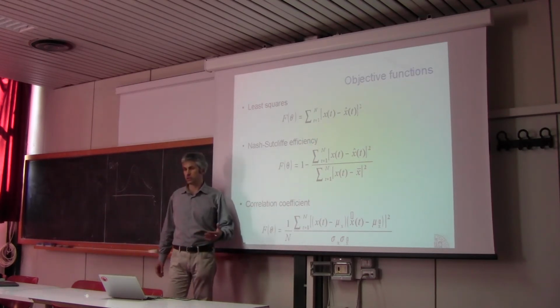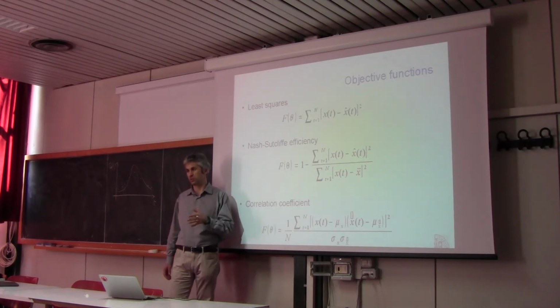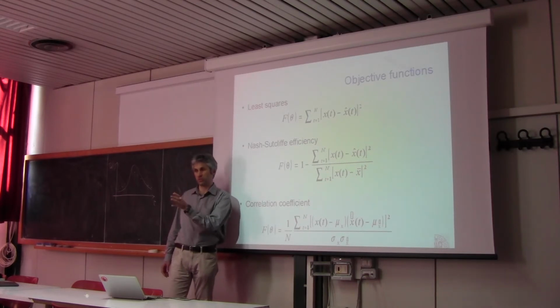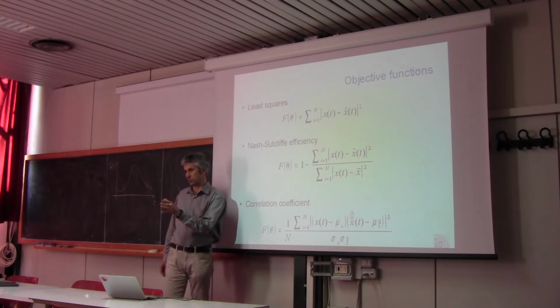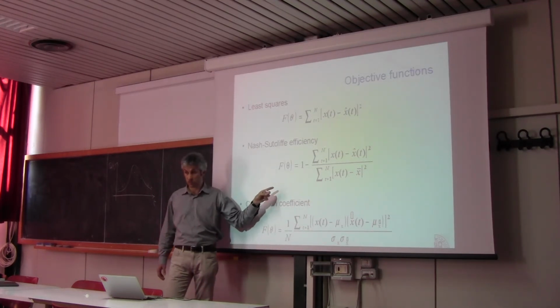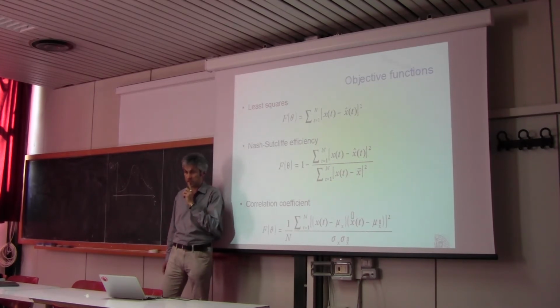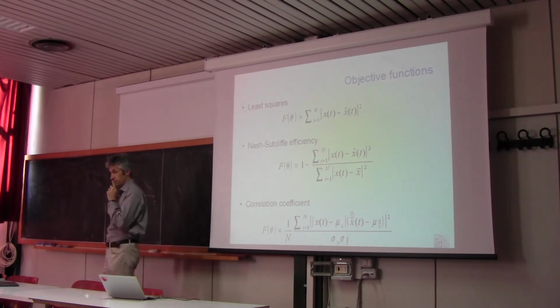So one may wonder, if they are similar, why did they introduce a different objective function? Because they wanted to reach the target that I was mentioning before: to get a more informative output from the objective function. Let's understand why this objective function is more informative. To get this perception, let's refer to the case of the perfect model. For the perfect model, I said the least squares are 0.